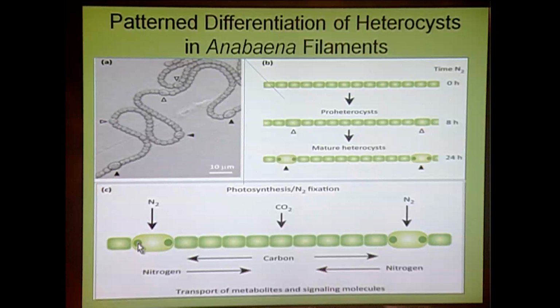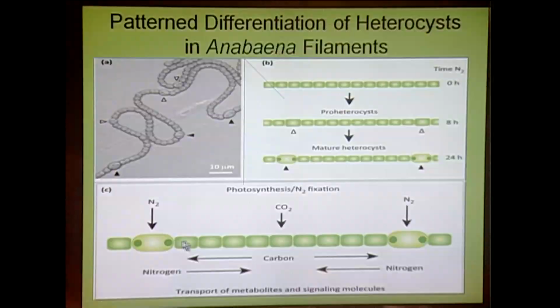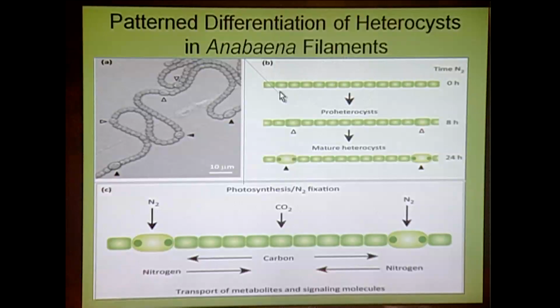Heterocyst is a thick-walled cell which helps the cyanobacteria to fix nitrogen because of the presence of the nitrogenase enzyme. But this heterocyst is flanked by a unique cell, the akinete. So the akinete is the photosynthetic component, the heterocyst is the nitrogen fixing component. You can see initially this filament has the same type of cell.